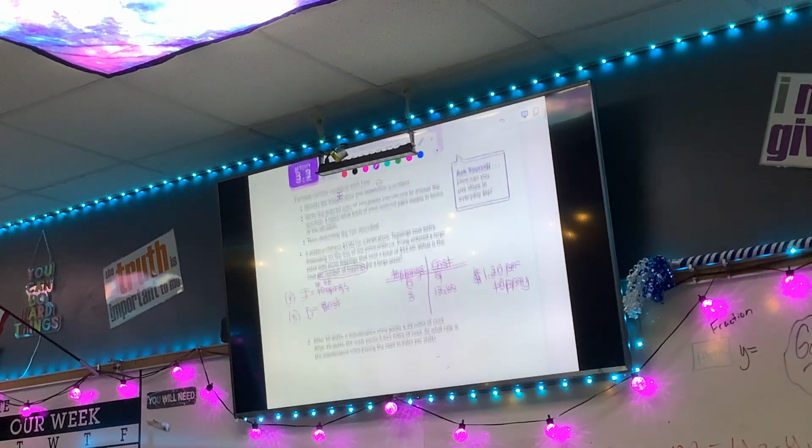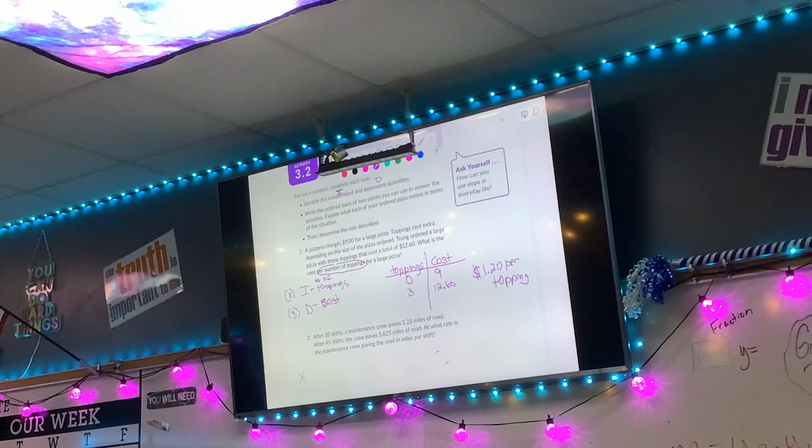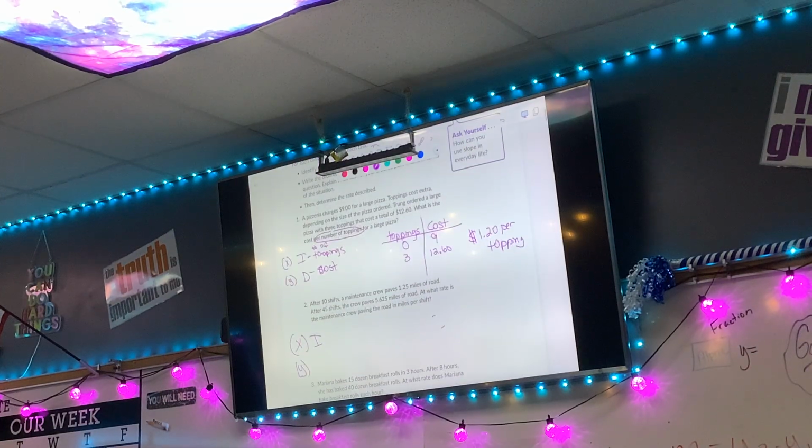Number 2, let's read the question so I can find my independent and my dependent. At what rate is the maintenance crew paving the road in miles per shift? What is my independent? Shift. Per shift. And then miles is my dependent.